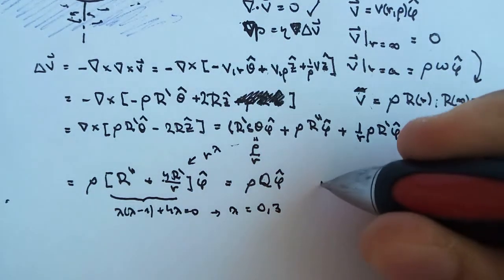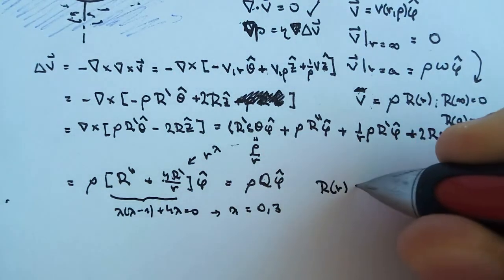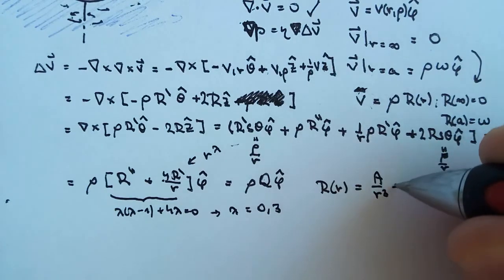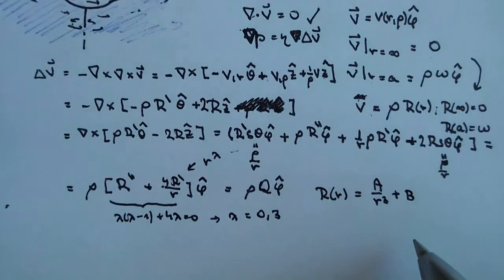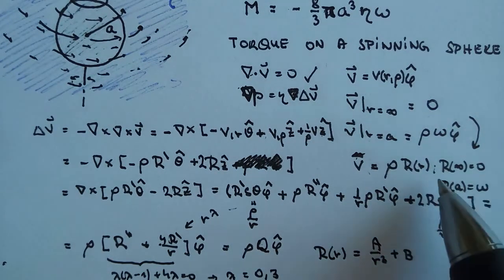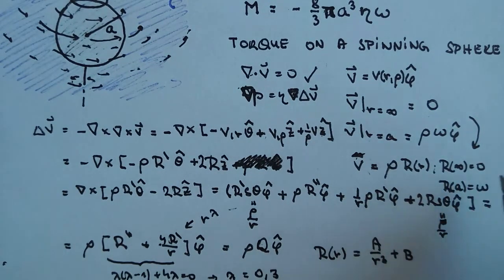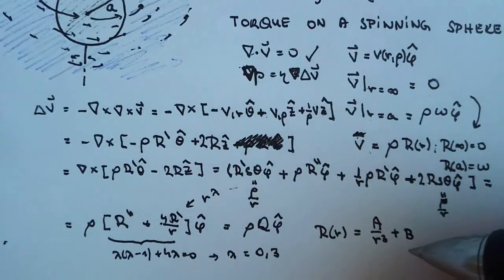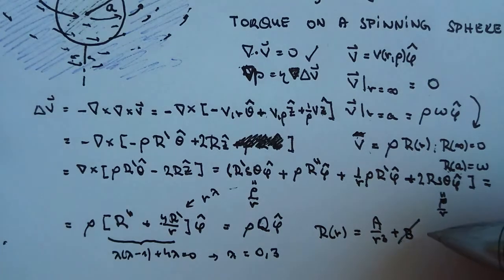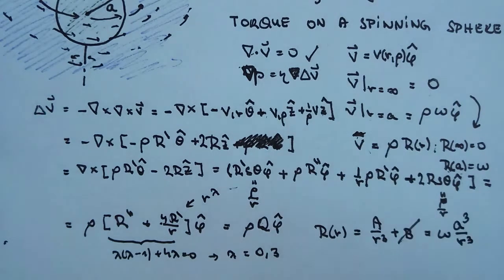So the solution for r as a function of r is a over r cubed plus b. Again, we will use the boundary conditions given here. R at infinity should vanish, so b should vanish, and r at a is equal to omega, so this is going to be omega times a cubed over r cubed. So this is our function r.